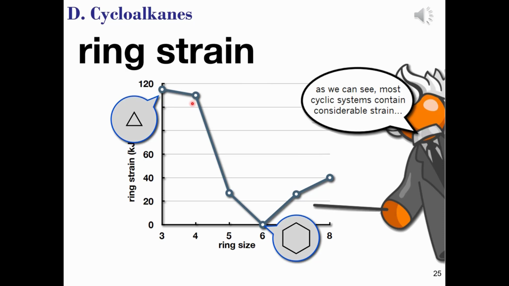And then as we go from 4 to 5, the ring strain is reduced even more, and then from 5 to 6, we end up with cyclohexane. And as you can see from here, cyclohexane has no ring strain. So this then increases again when we go to cycloheptane, and then increases again as we go to cyclooctane. Now, what is the reason behind the source of this ring strain? Let's take a look now.